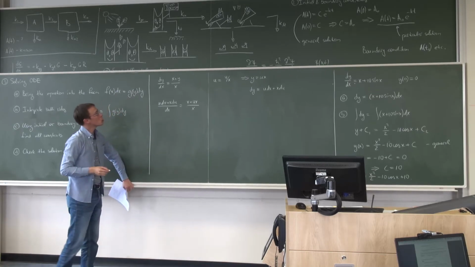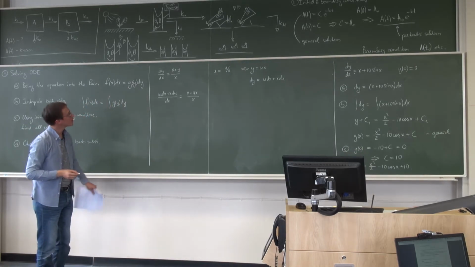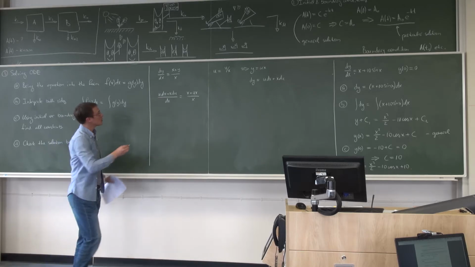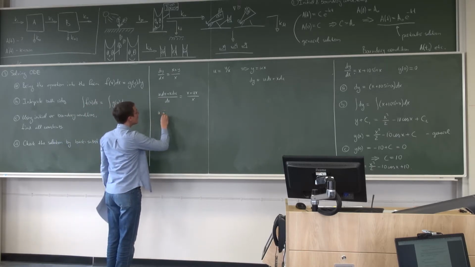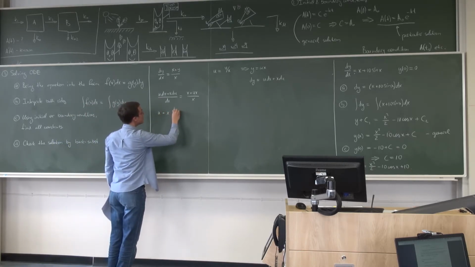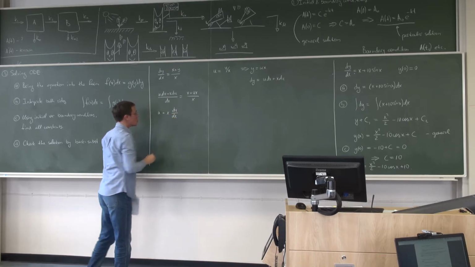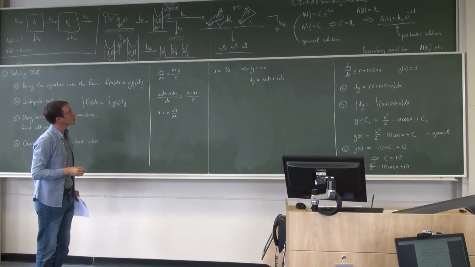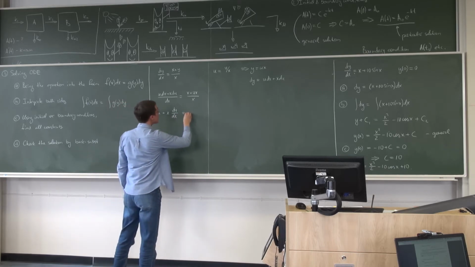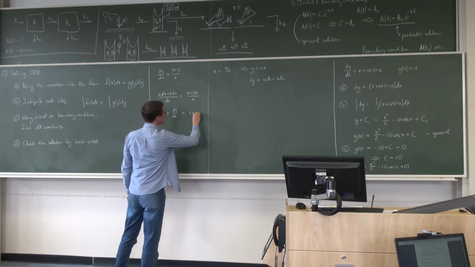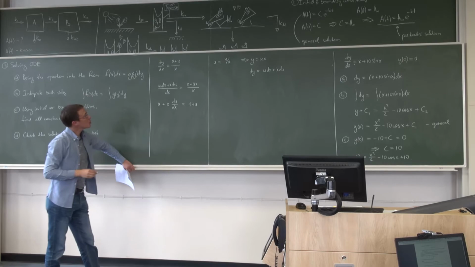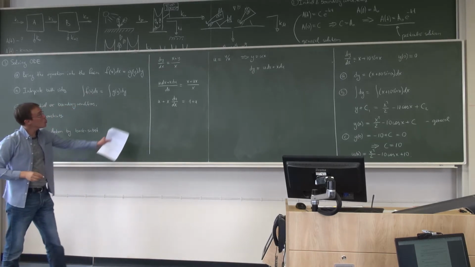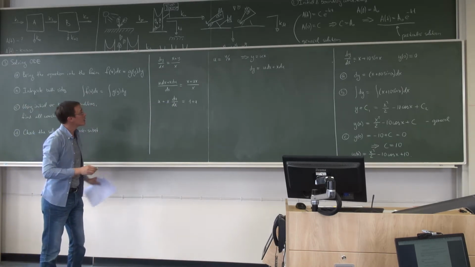And let us see what is going to happen once we simplify this. U dx over dx is just u plus x du by dx. So we have a derivative of u with respect to x. And on the right hand side we have 1 plus u. So far so good. Well, u actually cancels on either side.